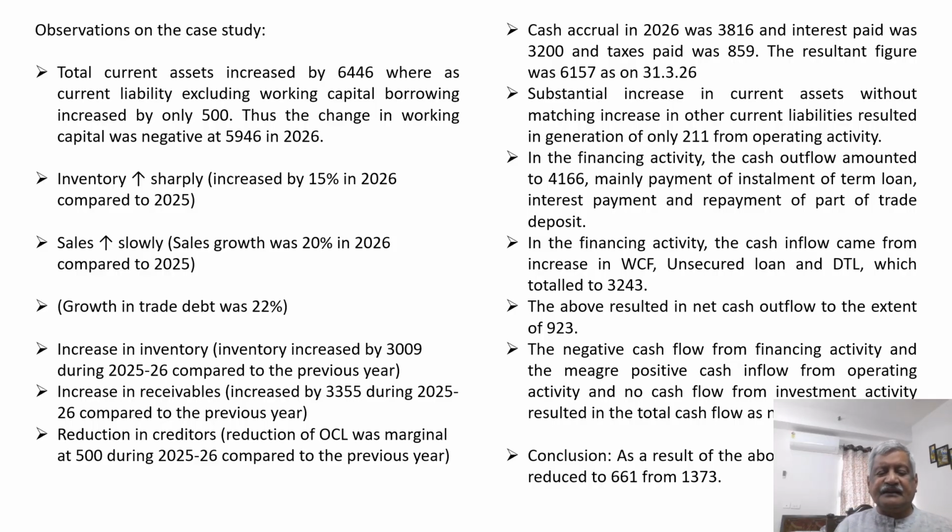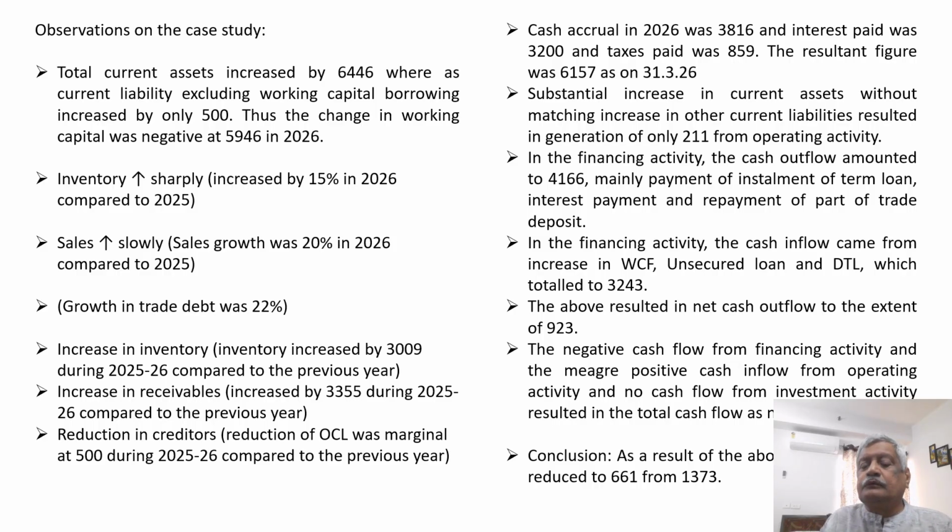Increase in inventory: inventory increased by 3,009 lakhs during 2025-26 compared to the previous year. Similar was the case with the increase in receivables, increased by 3355 lakhs during 2026 compared to the previous year. Reduction in creditors, that is reduction of OCL, was marginal at 500 during 2025-26 compared to the previous year.